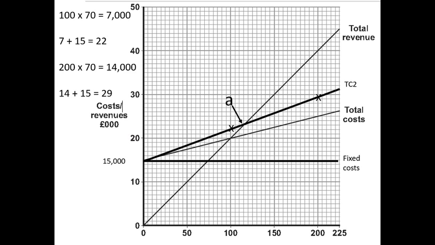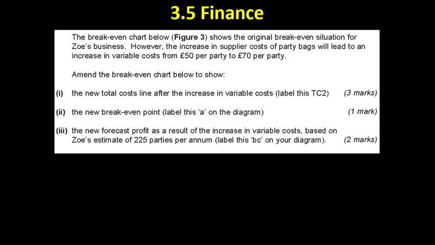Okay, I've used the computer, it's not great, but point A is there, and that should be enough. Let's just check how I'm getting on. Okay, I've created my new total cost line, labelled it TC2, that's worth 3 marks, great. I've labelled the new break-even point, point A, nice and clearly, that's worth an extra mark.